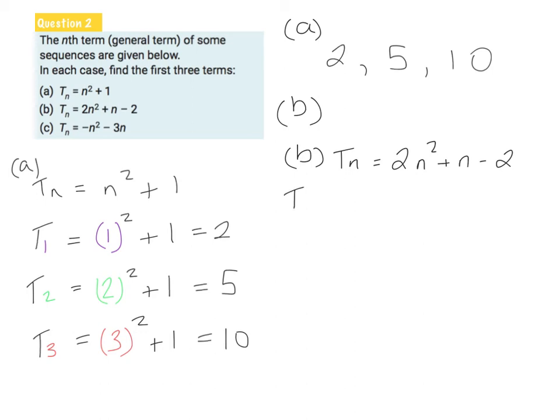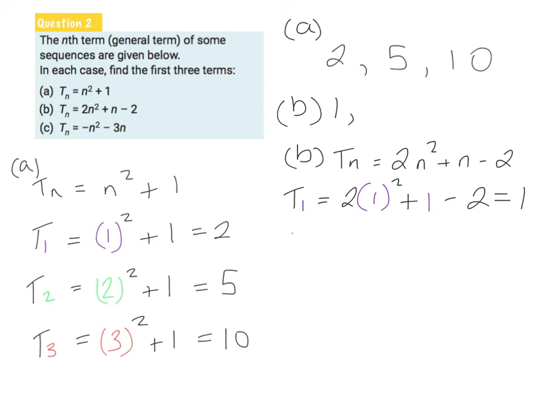So t of 1 is going to be equal to 2 bracket 1 squared plus 1 minus 2. And that gives us, well, 1 by 1 is 1 squared, times 2 is 2, plus 1 is 3, take away 2 is 1. So our first term is 1.